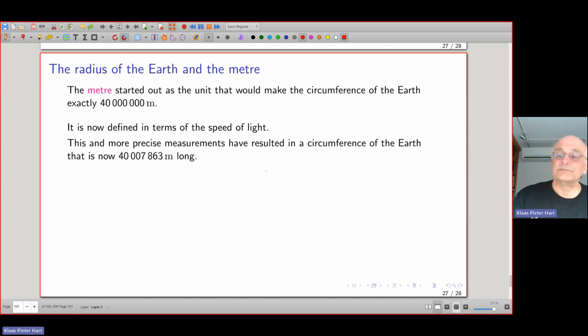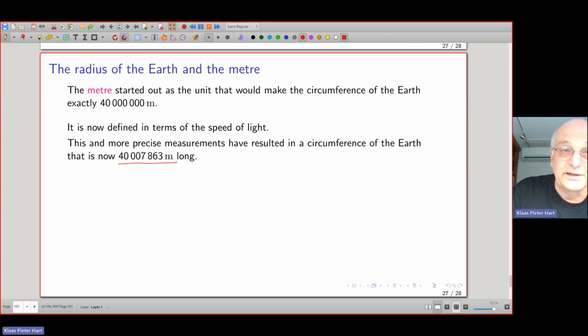And all the changes in measurements and precision have now created a meter such that the circumference of the Earth is now not 40 million meters anymore, but 40 million meters plus 7,863.